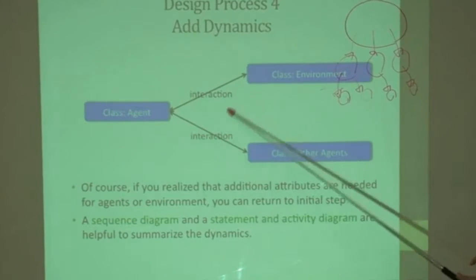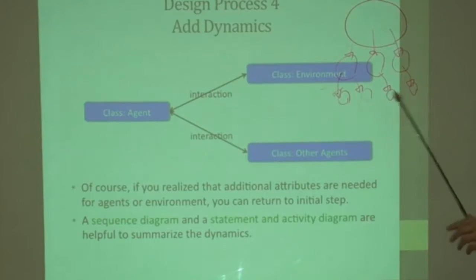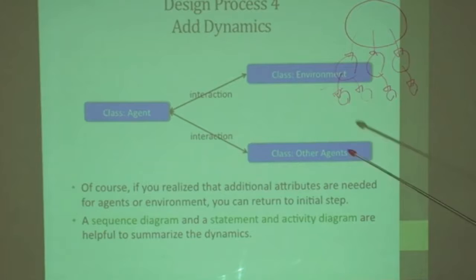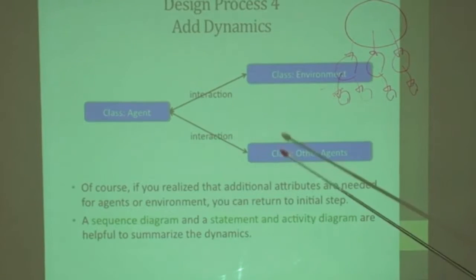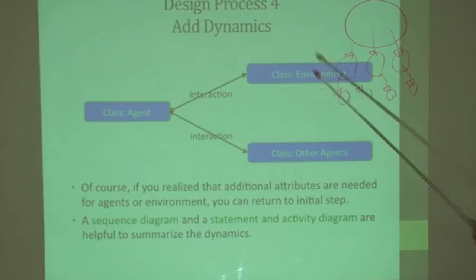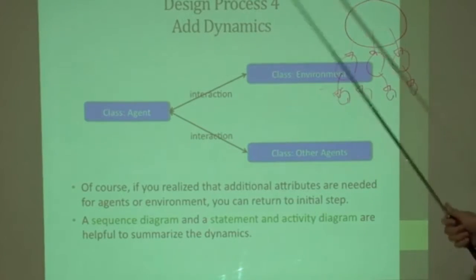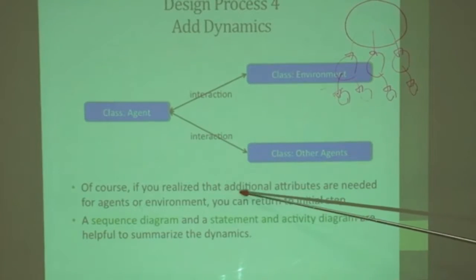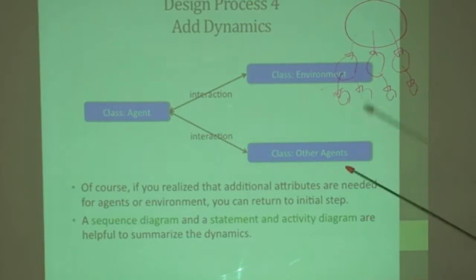You think about these interactions. Of course, you may realize that additional attributes are needed for the agent or environment. You can return to the initial steps, meaning the previous steps, like process 1 or step 2 or step 1. You can add attributes if you need them.